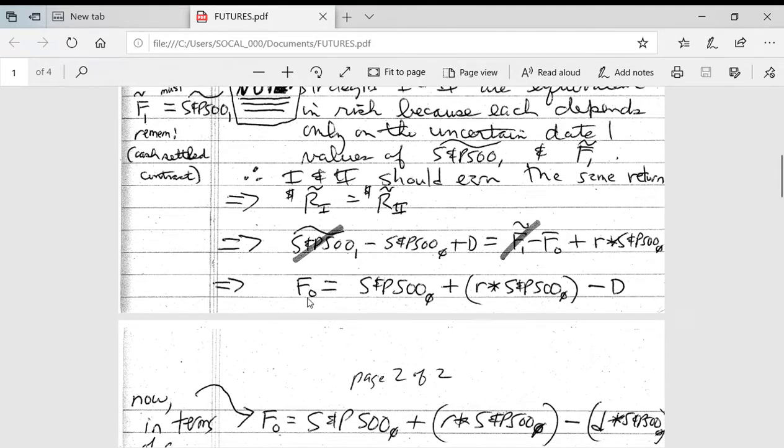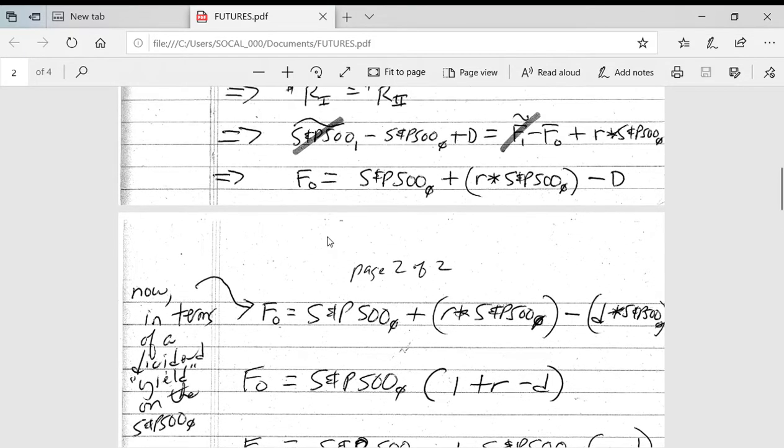And here we see that the value at date 0 of that futures contract is equal to the value of the S&P 500 right now, plus the appropriate risk-free interest rate times that same value of the S&P 500 minus the known dollar amount of dividends.